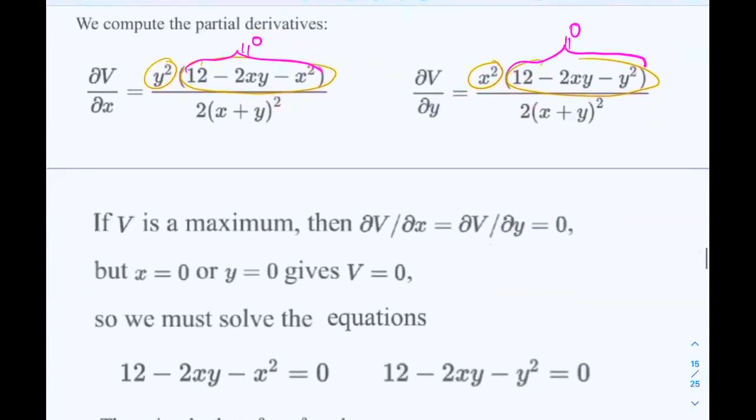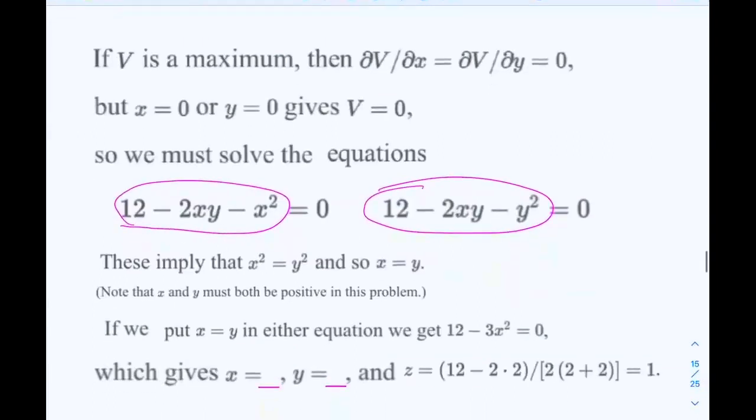So we're going to solve the 2 equations, this one and this one, set equal to 0. Looking at these 2 equations, they look so similar, right? So can we subtract the 2 equations?